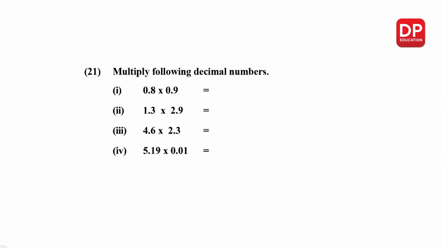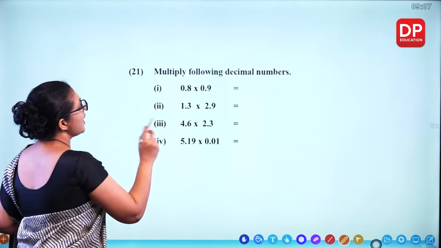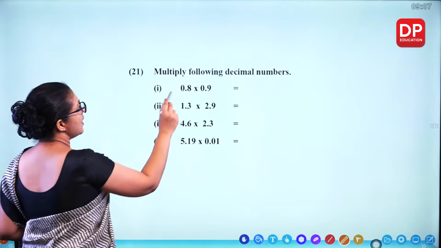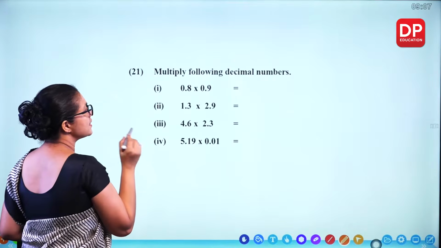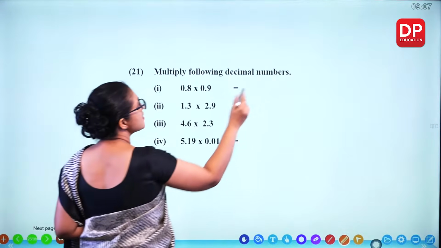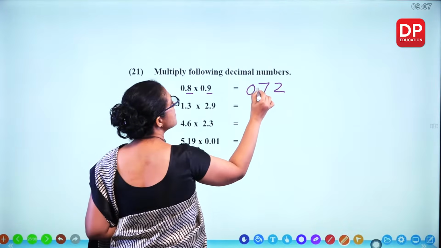Multiply the following decimal numbers. So what do you do? You can straight away keep 2 places after multiplying the numbers. 8 times 9, 72. 1 and 1, 2 places you have to keep.